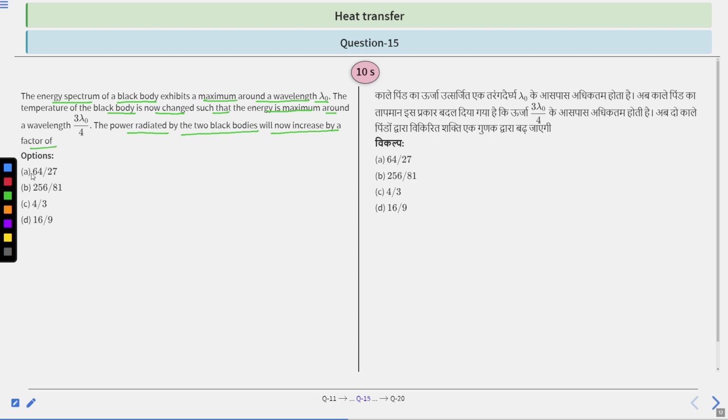Options: A is 64 divided by 27, B 256 divided by 81, C 4 divided by 3, and D 16 divided by 9. So which option is correct? You have 10 seconds to solve this question. After 10 seconds, we will provide the solution.